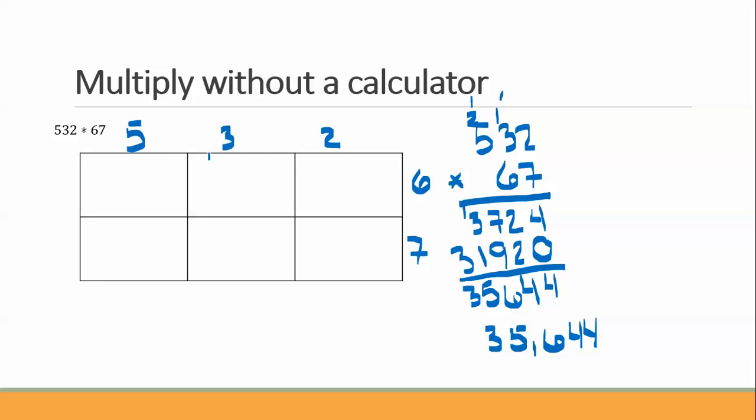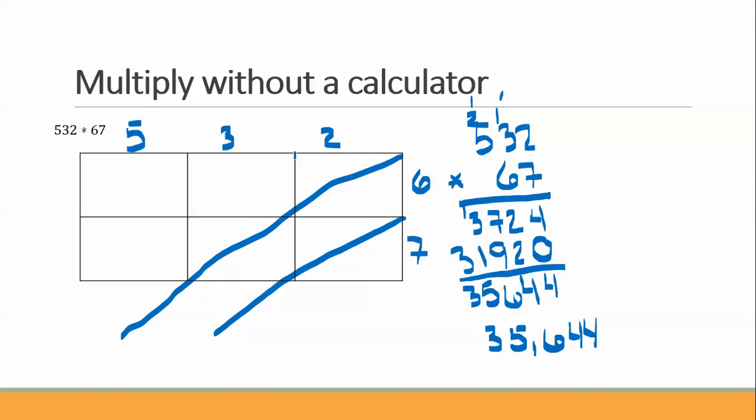So 532, there's 3 columns, 67, there's 2 rows. You could set it up the opposite way if you wish. Now we're going to draw diagonals in all of our rectangles. This is going to show us where we need to add when we're done with our multiplication.